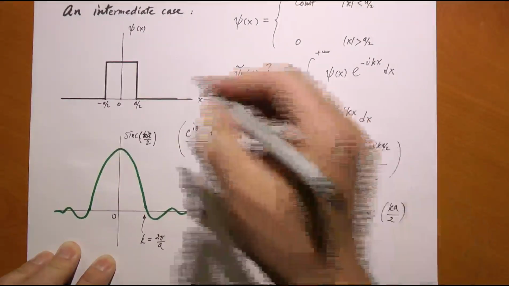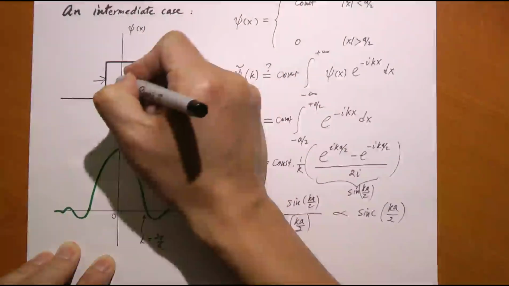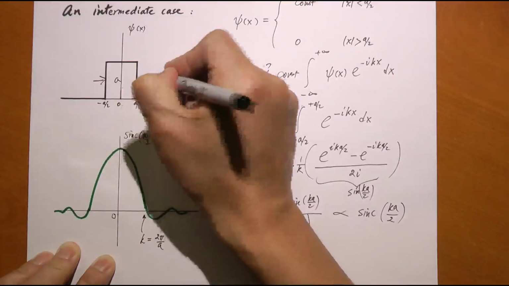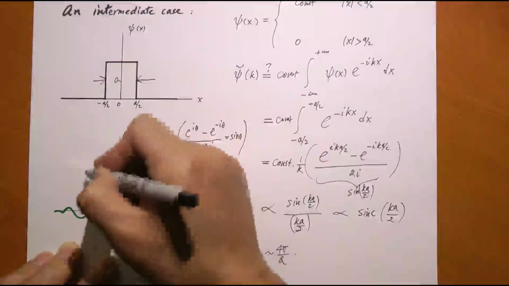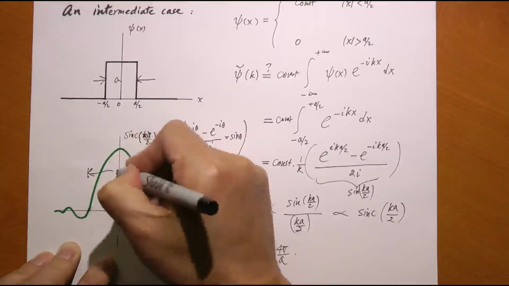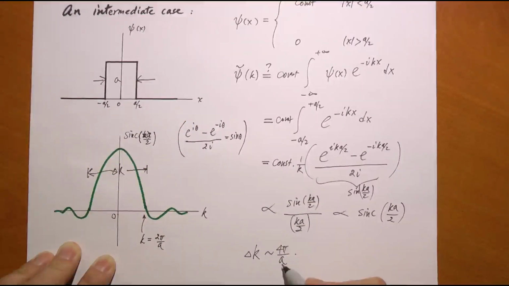So you see, I have a function whose range in the x direction in real space is a, and I can use a bunch of simple harmonic waves to describe it, but the k values of these simple harmonic components are roughly concentrated within a range of delta k. That delta k is about 4 pi over a.